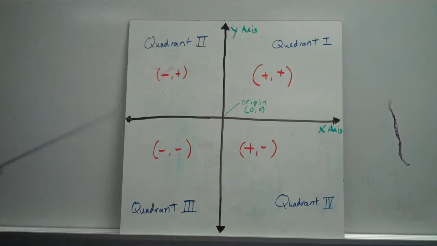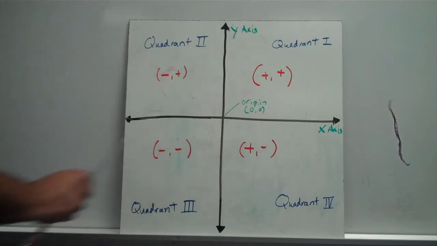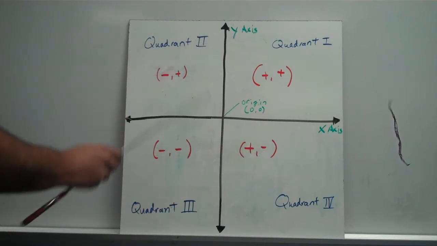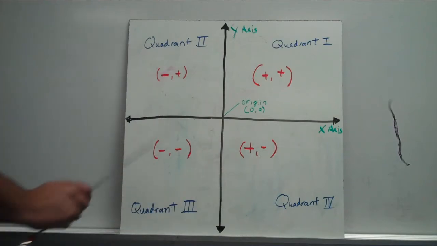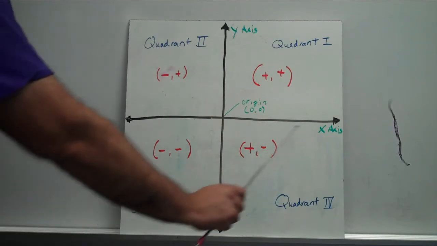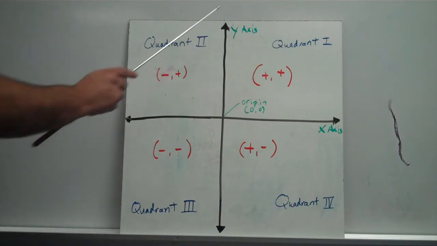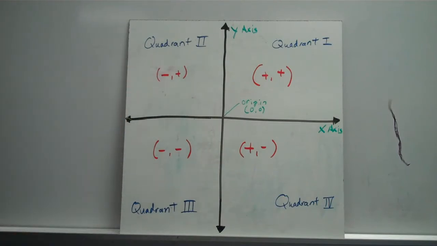Okay, so you see we have our horizontal number line and our vertical number line, and these are called the axes. This horizontal line is called the x-axis, and this vertical line is called the y-axis, and the plural form of that is axes.